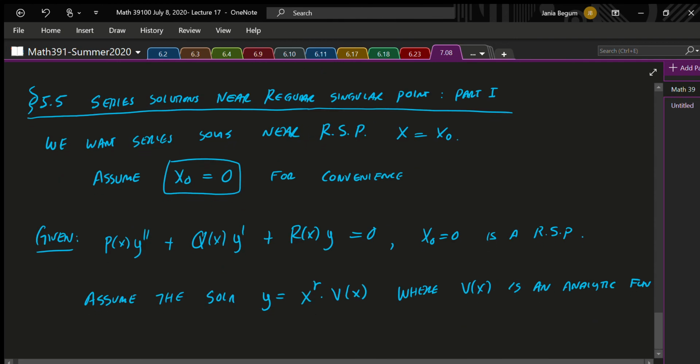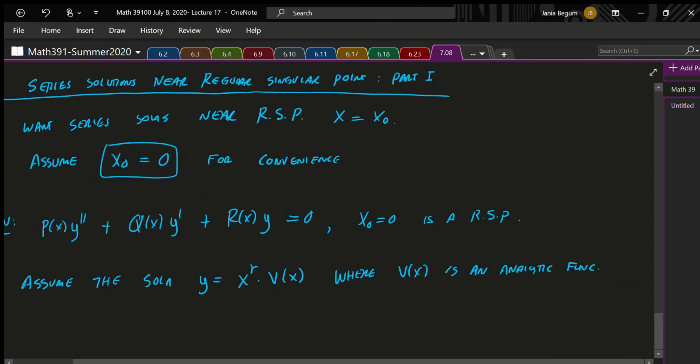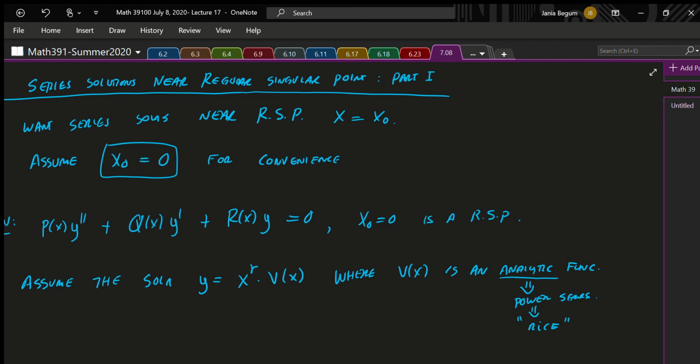The word analytic means it's a power series. Or think of it as a nice function, meaning you can differentiate this as many times as you want. You want to go for the 10th derivative, do that. So the idea is we're multiplying by a nice function.